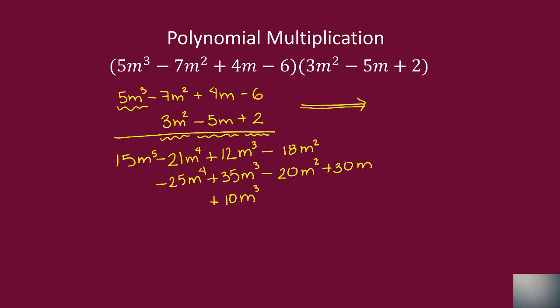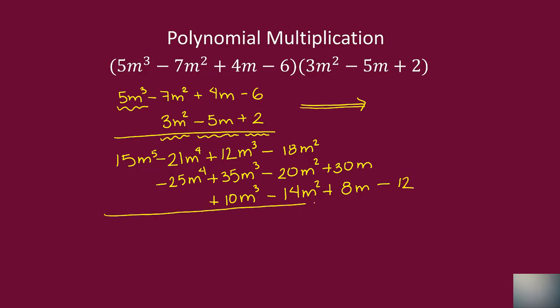Okay, positive times negative, negative. 2 times 7m second power is 14, m second power. I continue, positive times positive, positive. 2 times 4 is 8, and it's 8m. And finally, positive times negative, negative. 2 times 6 is 12.